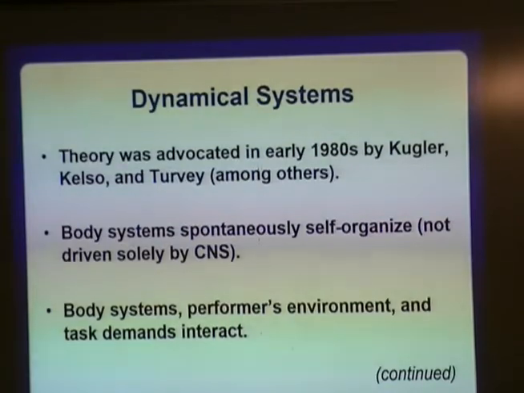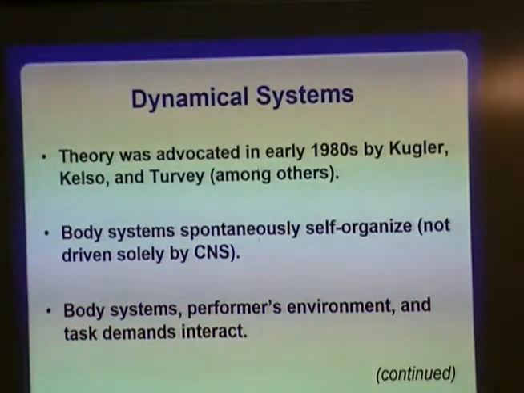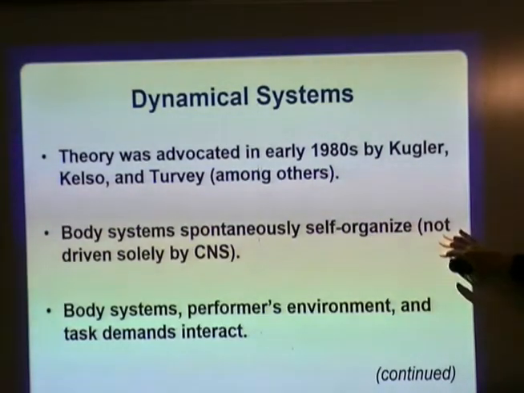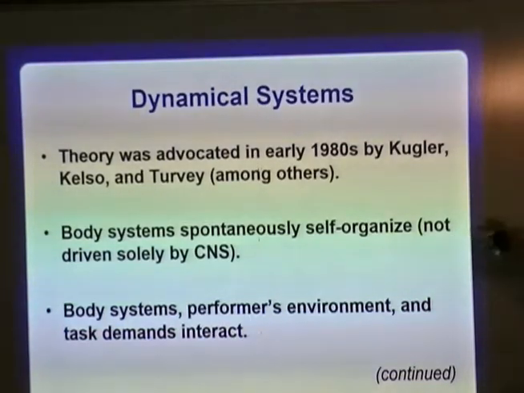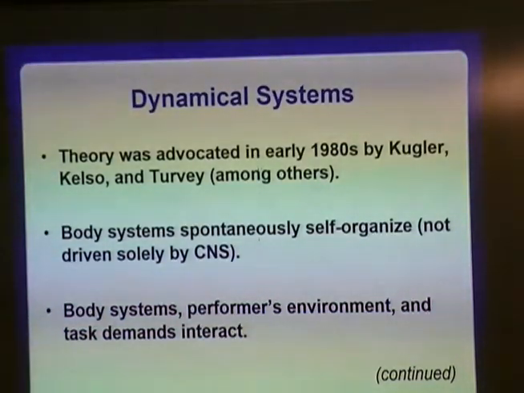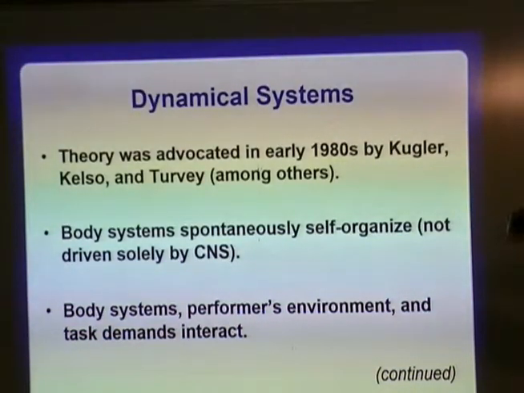If I can spontaneously self-organize into a functional unit, then I don't have to have so much storage space in my brain for all these different motor patterns. Plus, the one thing information processing struggles with is how do I do the skill the very first time? If I don't have a motor pattern, because I've never done it before, how do I pick the motor pattern to put into place?